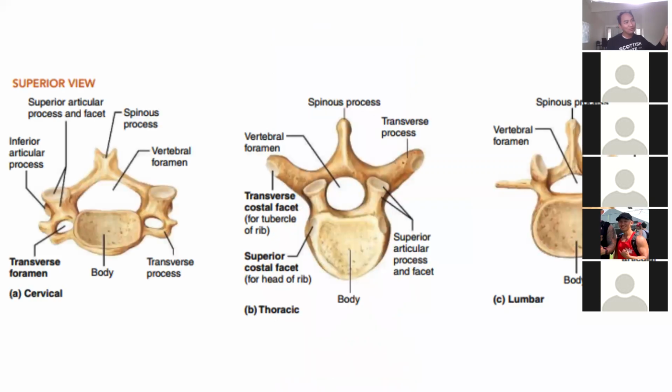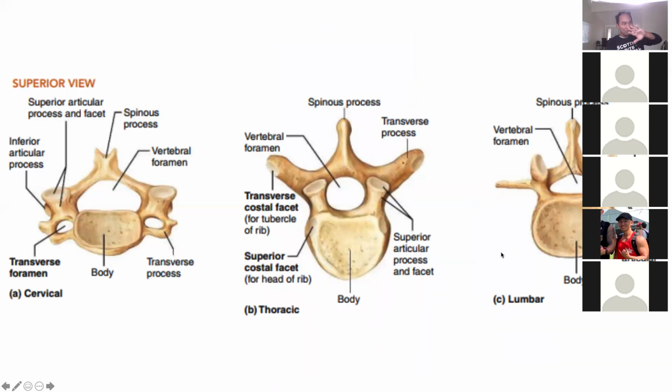We spent about 2 hours on the vertebra, and these are the different shapes of the vertebra at different levels. This is the shape of the cervical vertebra, this is the shape of the thoracic vertebra, and this is the shape of the lumbar vertebra.